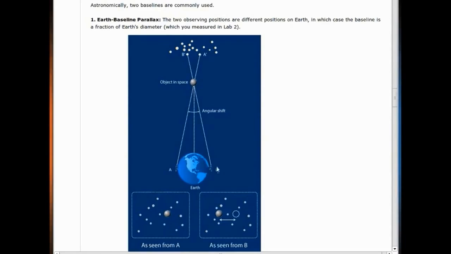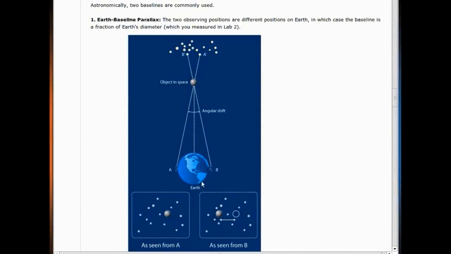Meanwhile, the person at position B, on the opposite side of the Earth, is looking at the same object, and to him it looks like that object is in front of these stars here in the background. So instead of seeing that object over here, they see it over here, so we can see a shift between where A sees the object and where B sees the object.